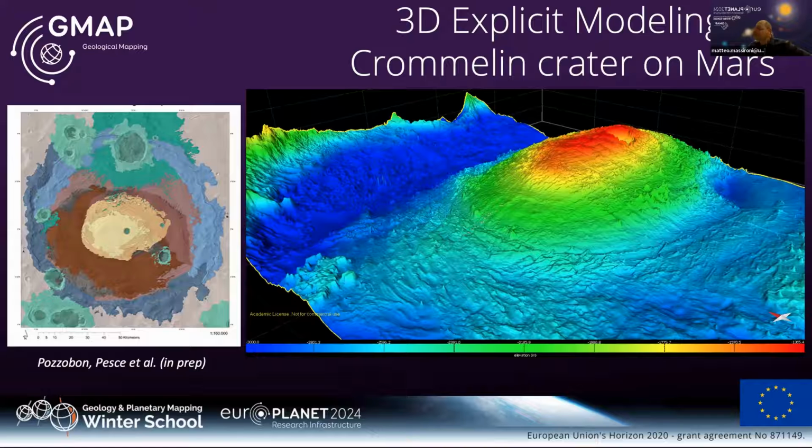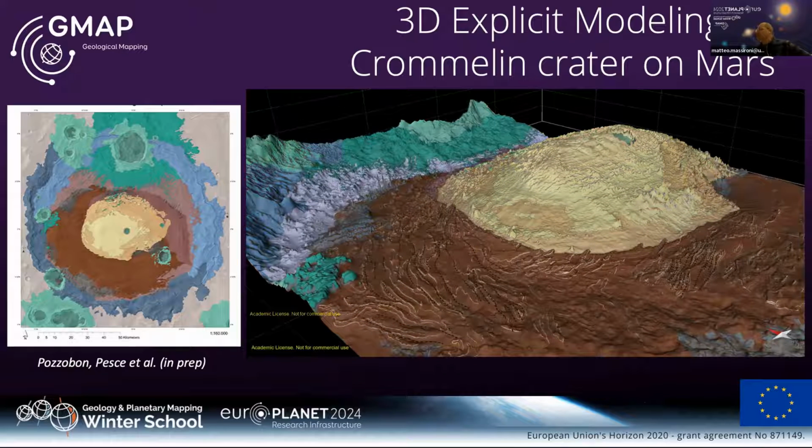So it's something different. It seems a kind of protruding bulge. This bulge and this crater have been mapped, and we can overlap the map on top of our DTM, and we see the map here.